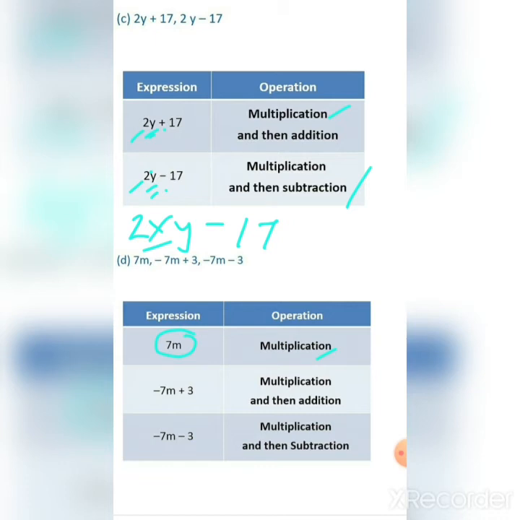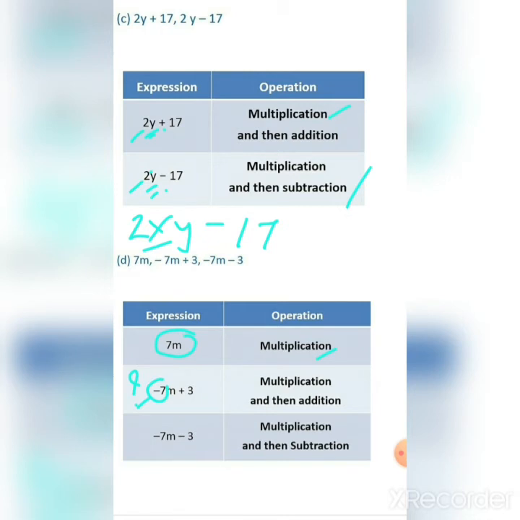Minus 7m plus 3. Here what you can see is that minus 7 is there, but the minus is not joined with any other number. Here no number is there before it. That means this minus will not be counted as an operation and will not be written here.